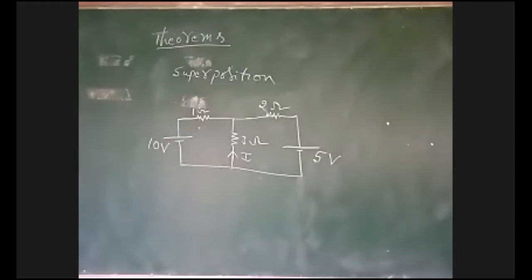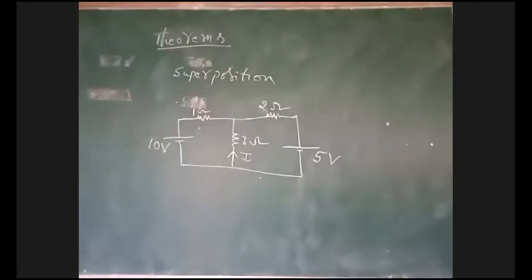Whether it is superposition theorem or Thevenin's theorem or Norton's theorem or maximum power transfer theorem or compensation theorem, Millman's theorem, whatever may be the theorem. In your syllabus, you are having only three theorems. First one is superposition theorem, second one is Thevenin's theorem, third one is Norton's theorem.